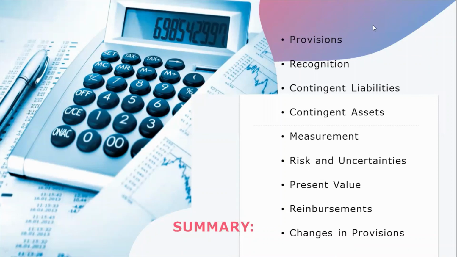We have reported provisions, recognition of it, contingent liabilities, contingent assets, measurement, risks and uncertainties, present value, reimbursements, changes in provisions. So since PAS 37 has been assigned to two groups for the application of the recognition principles and other common types of provisions, it will be reported by the next group.